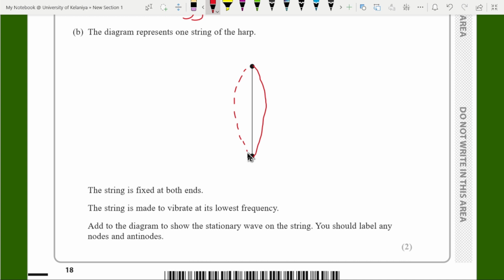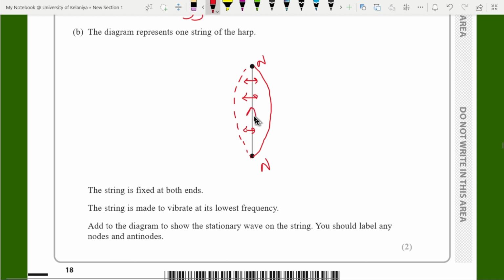Here it will vibrate like this. And what are the nodes and what are the antinodes? Here I will draw it so we can easily recognize nodes and antinodes. Here we have a node, and here also we have a node, and here we have an antinode.